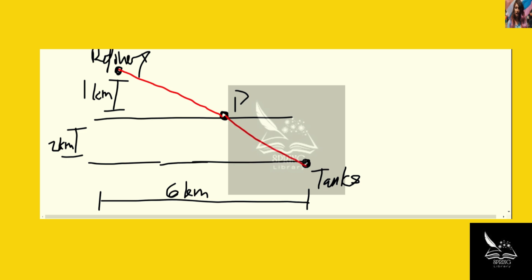Now this distance from the refinery, horizontally from the refinery to the point P, we'll call this x. This is going to be in kilometers.